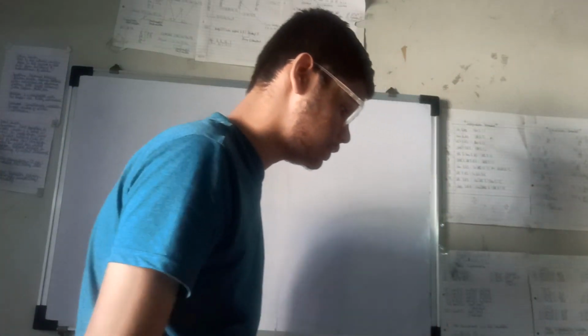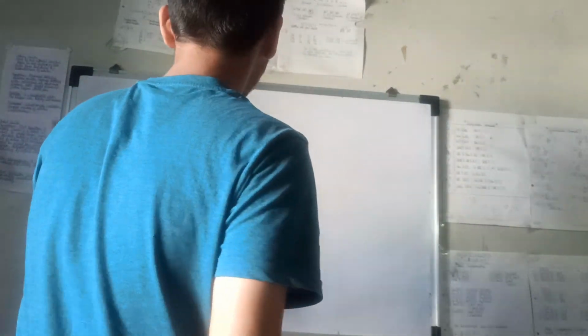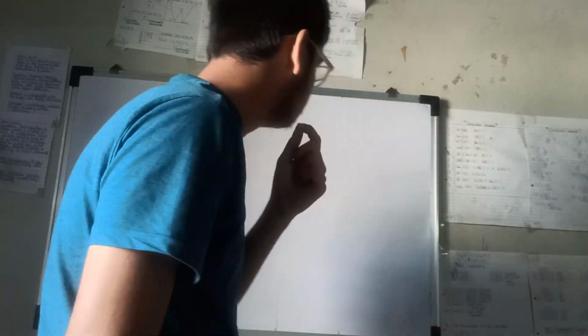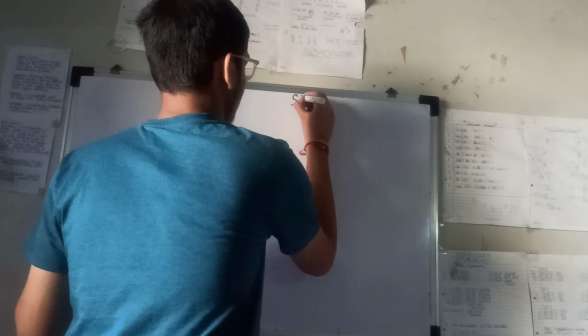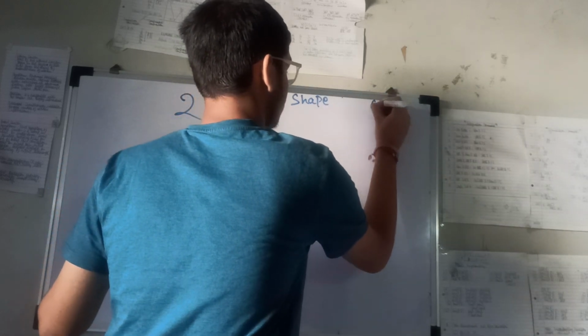Okay, if it is 2-1, 2 bond pairs, 1 lone pair, what will it be? What will the shape be, and what is the geometry?